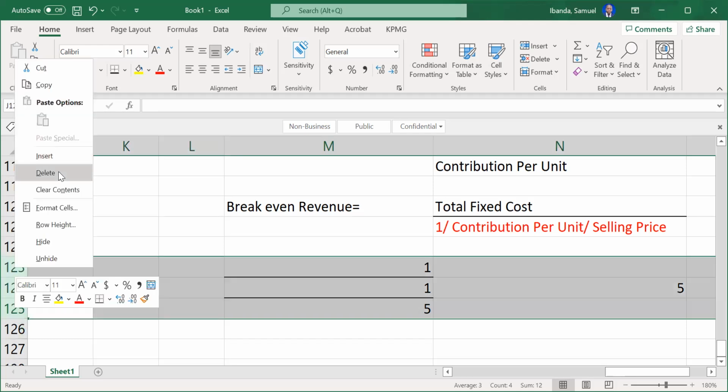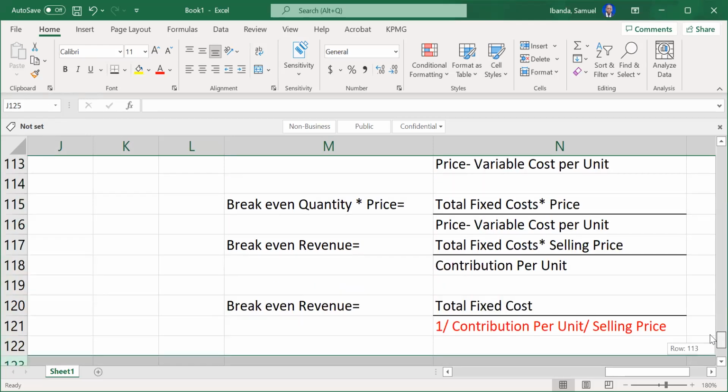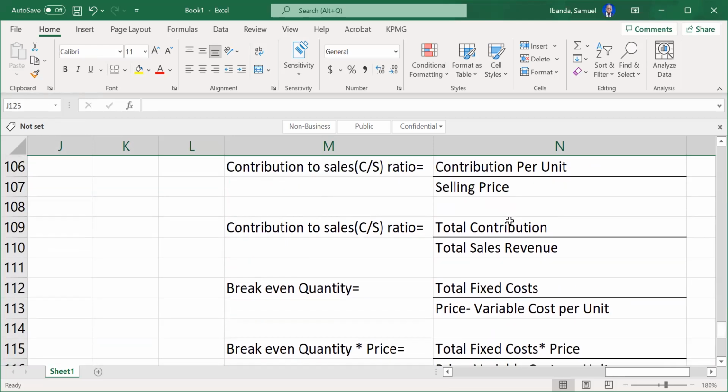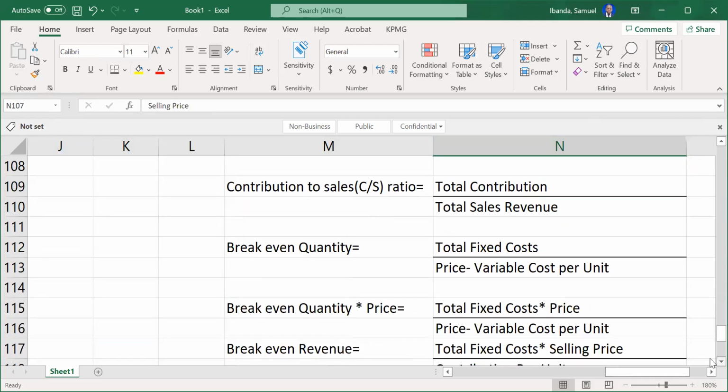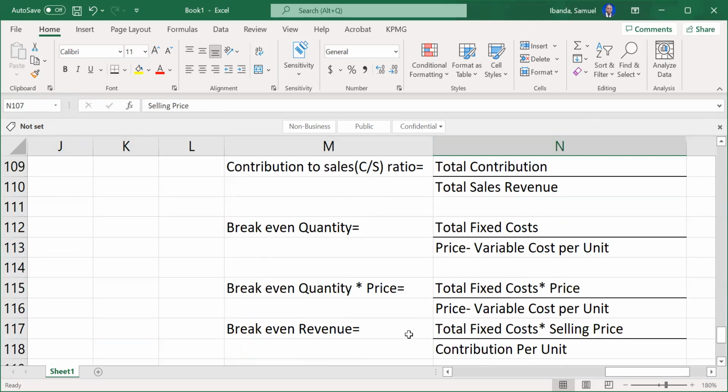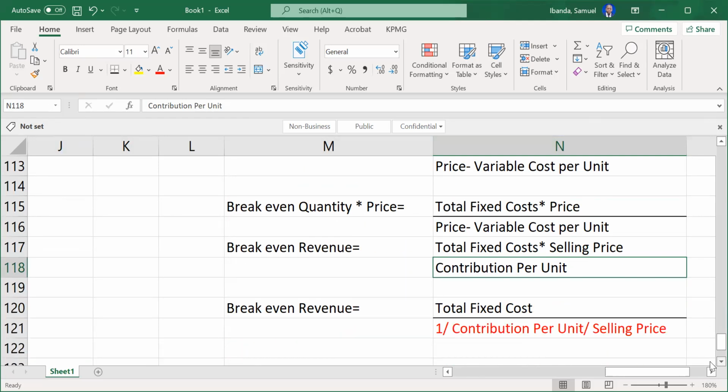Remember, this is the formula I want: contribution per unit divided by selling price. But in my last formula, I have selling price up and contribution per unit. Yet my interest is to have contribution per unit up and selling price down, so that I can introduce what I'm calling my contribution per sales ratio.